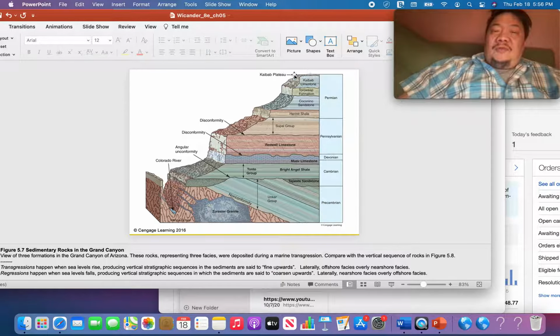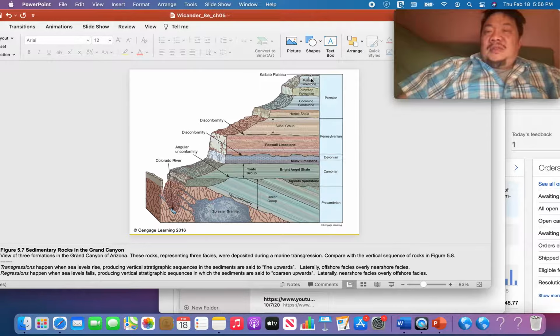All of these rocks formed before the dinosaurs because these are Paleozoic rocks, and the Paleozoic era is before the Mesozoic era. So what happened to all of the rocks that should have formed during the time of the dinosaurs up to now? They've been eroded away as the Colorado River has cut through this area, removing a whole bunch of rocks. In other words, a new unconformity surface is being formed right here.